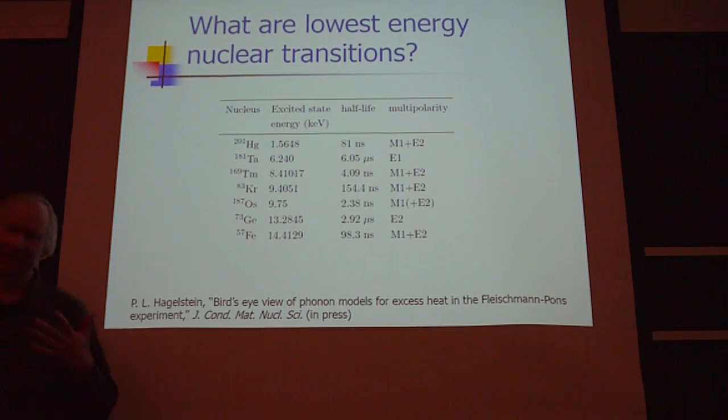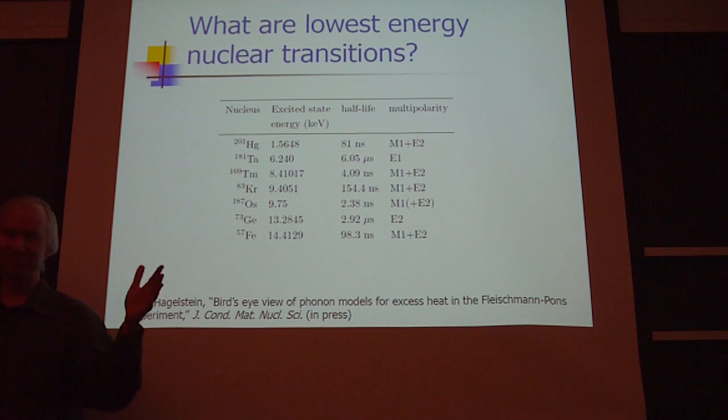Okay, since we're proposing something that's like the hardest thing in the world to imagine happening, probably the first thing to do is to take some steps to make life easy. And to make life easy, if we're going to transfer energy from vibrations to nuclear excitation, maybe we should start by finding the nucleus that has the lowest transition energy for excitation among all the nuclei.